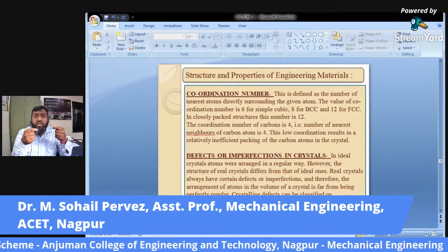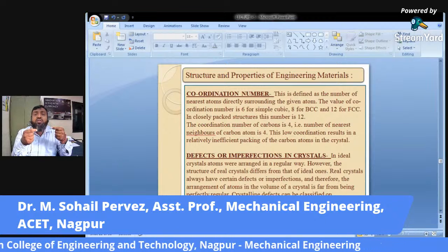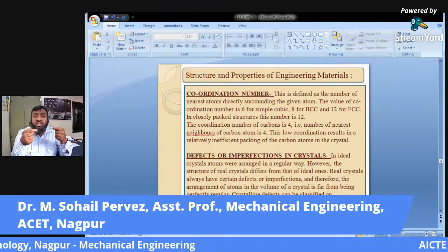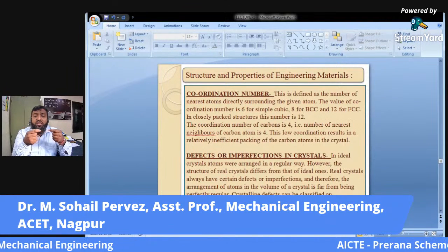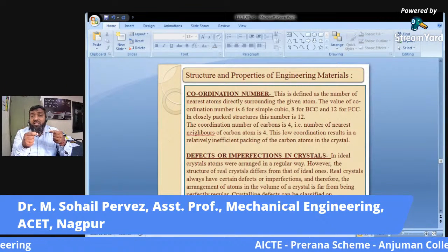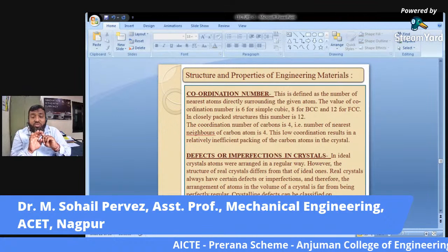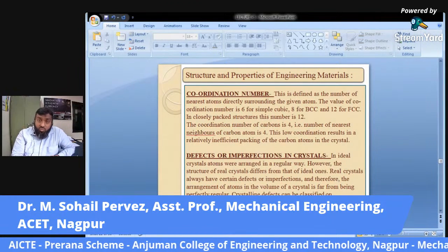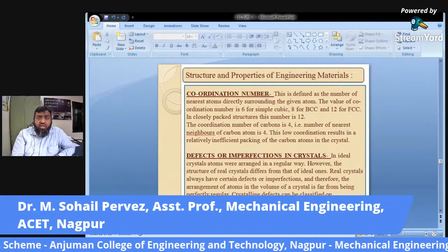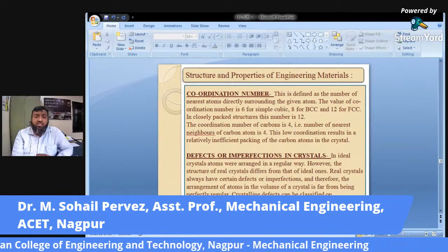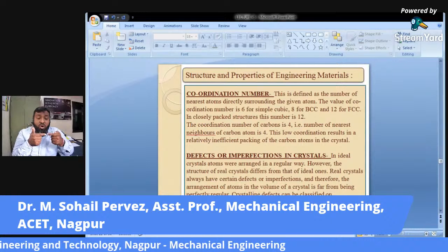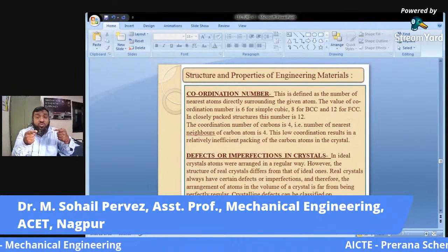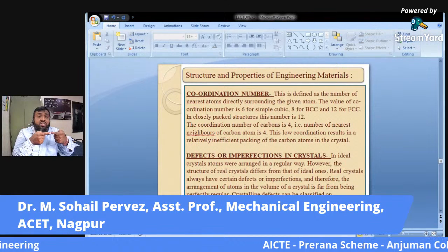If it were brought to normal temperature in a regular fashion, then these bonds would rejoin again, and there would be no defect or imperfection in bonding. But what happens if you suddenly pour some water? These bonds won't connect to their earlier location.